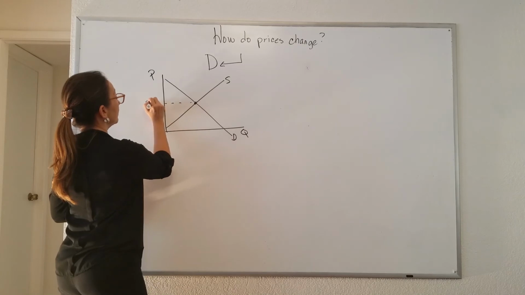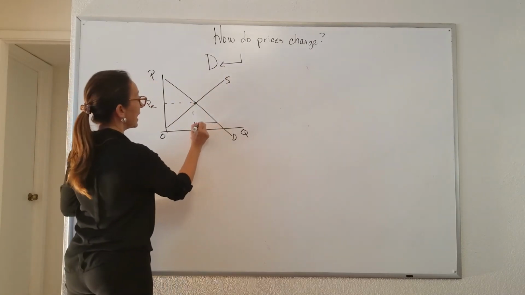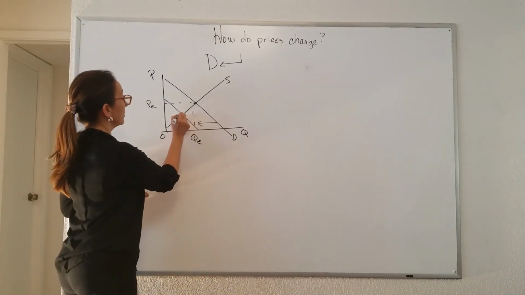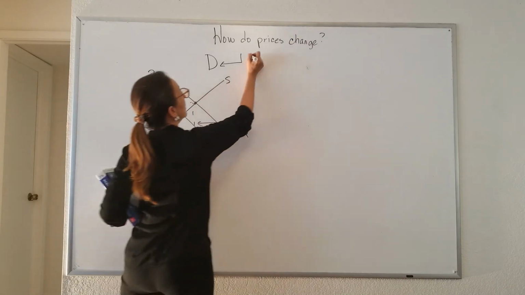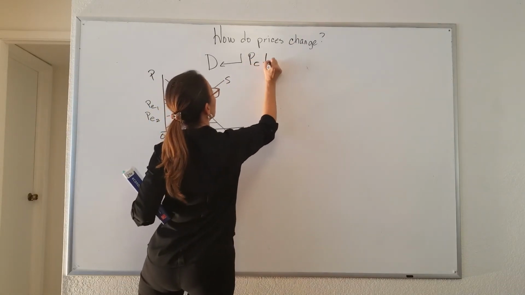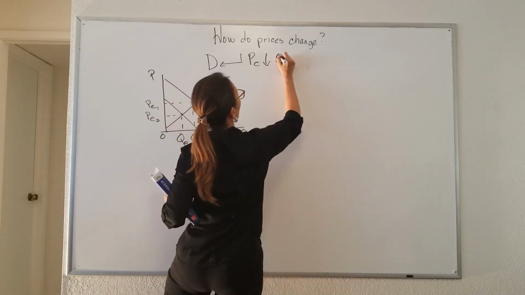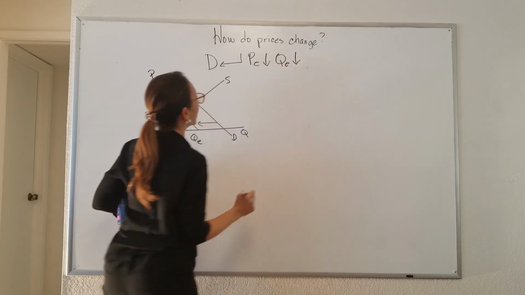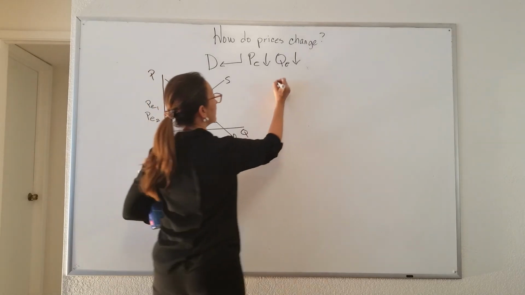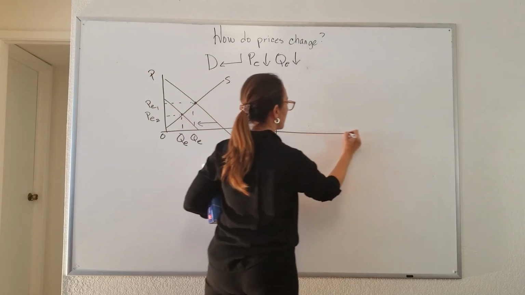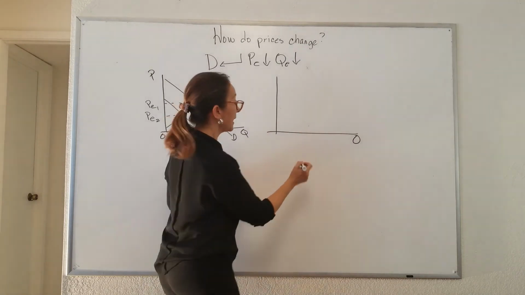So, this is our equilibrium price. This is our equilibrium quantity. Demand shifts to the left. We know that equilibrium price is going to go down. And we know that equilibrium quantity is going to go down. Okay. Then this problem says that supply shifted to the right. So what are the impacts when supply shifts to the right? Let's draw our diagram out.